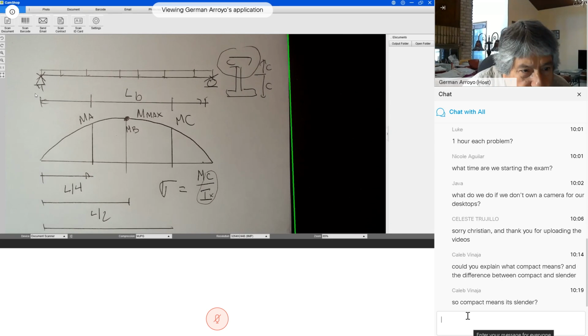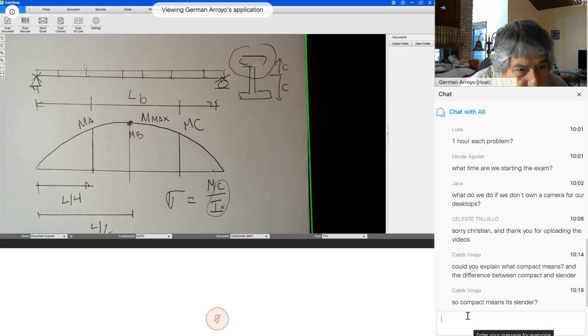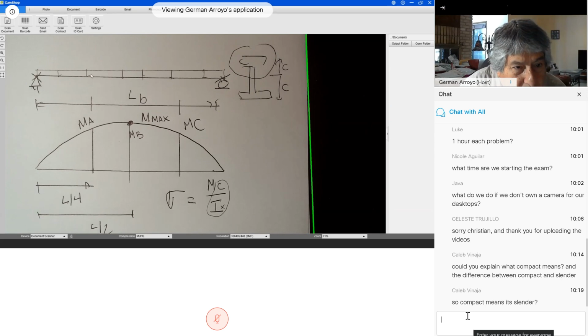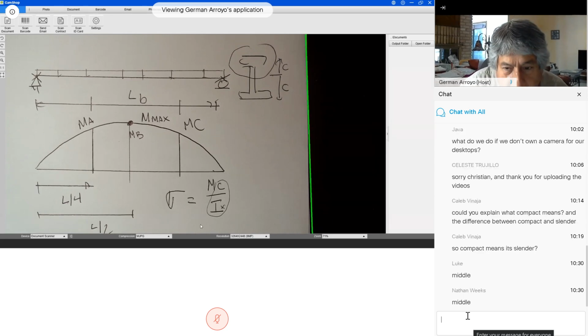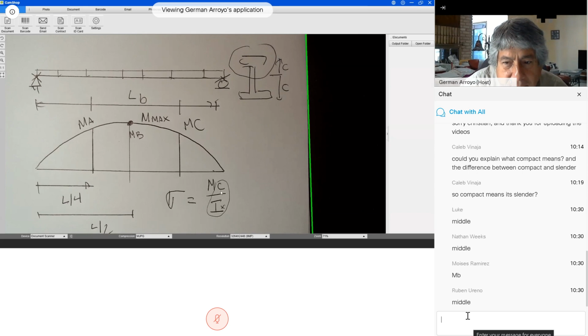So if I ask you, if I compare this point in the beam with this point, which one has higher compressive stresses? This point in here or the one in the middle? Anybody answer that question? The compressive stresses are Mc over I, the middle.